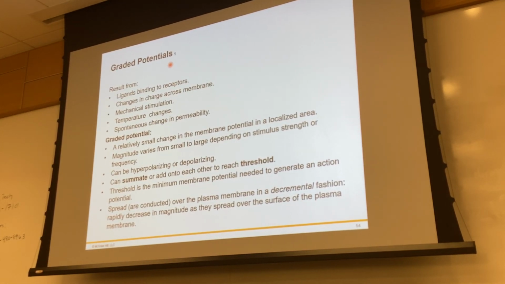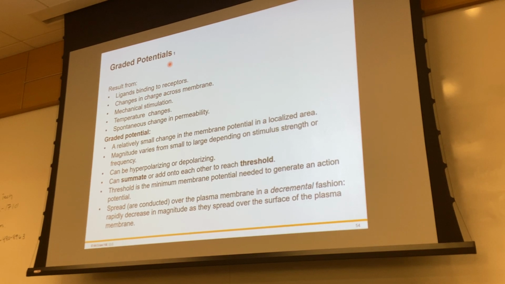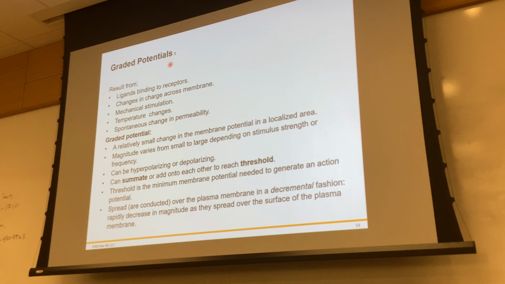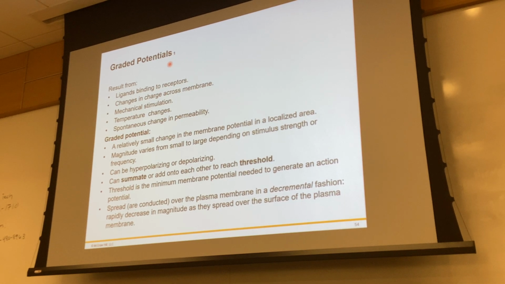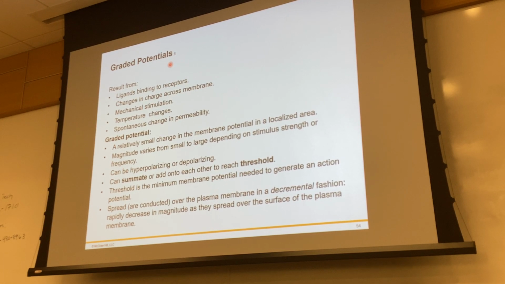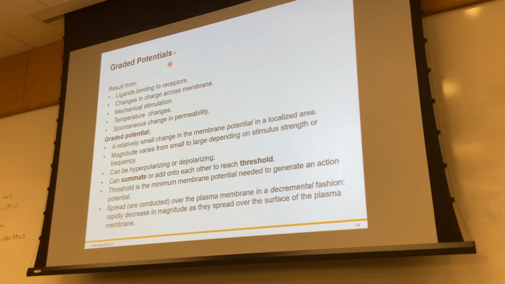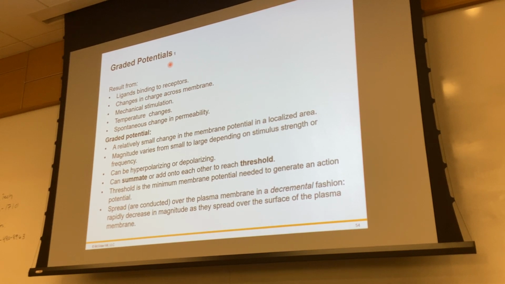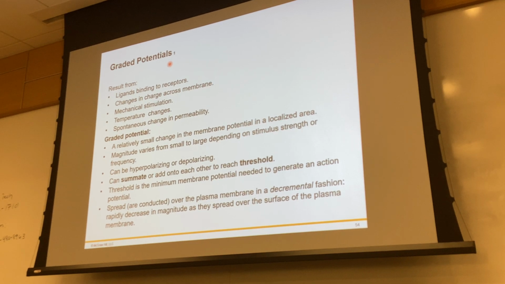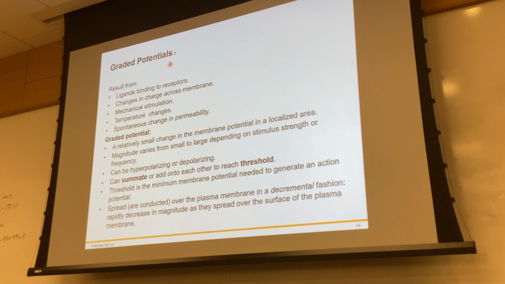The first thing we want to talk about here, in terms of action potentials, is graded potentials. Graded potentials are represented by a relatively small change in the membrane potential. That membrane potential might go from -70 to -60. Remember, I'm using negative numbers here, so the membrane potential goes up.